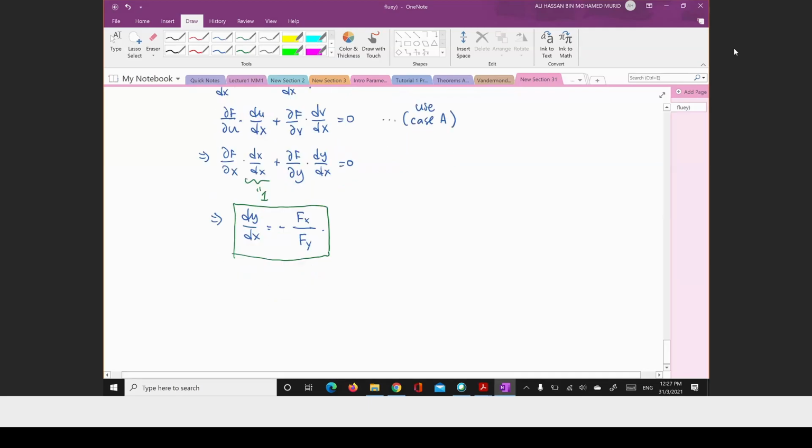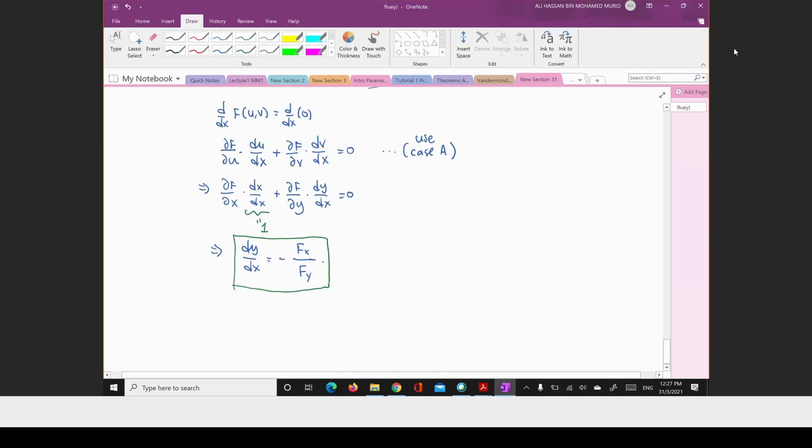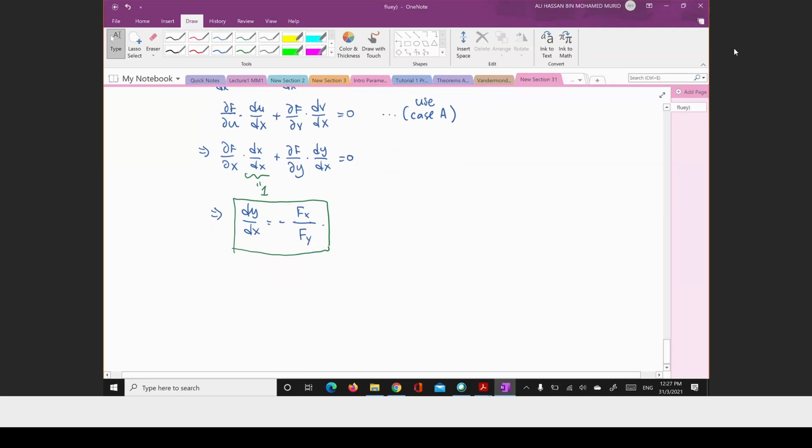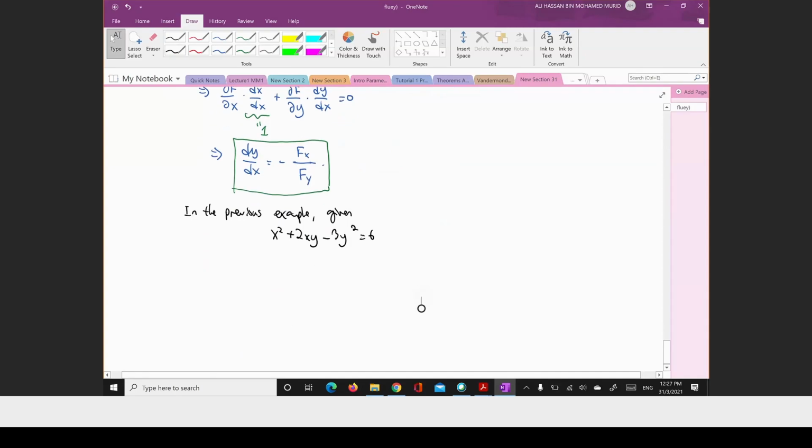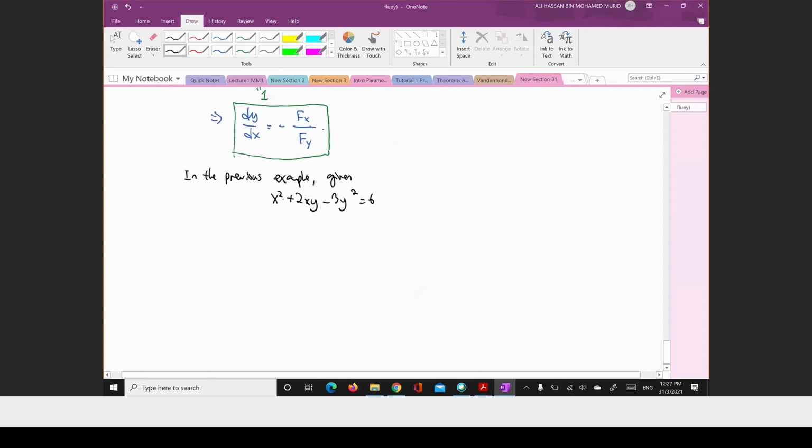So let's try this formula for our previous example. We had x squared plus 2xy minus 3y squared equal to 6. We want to write it in the standard form f(x, y) equal to 0, so we rewrite this as x squared plus 2xy minus 3y squared minus 6 equal to 0.